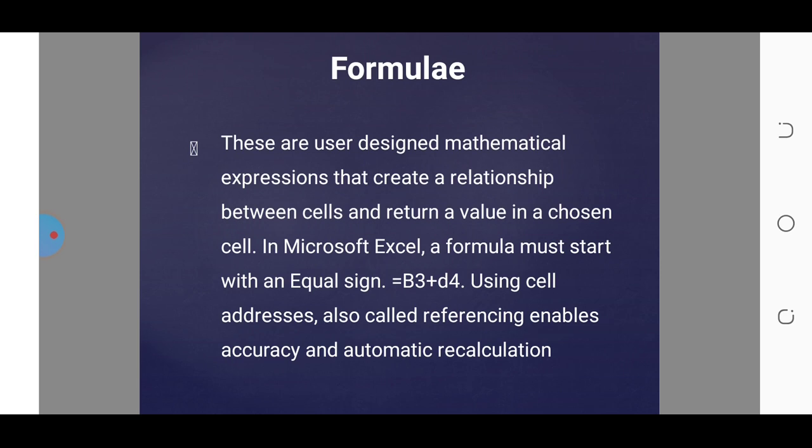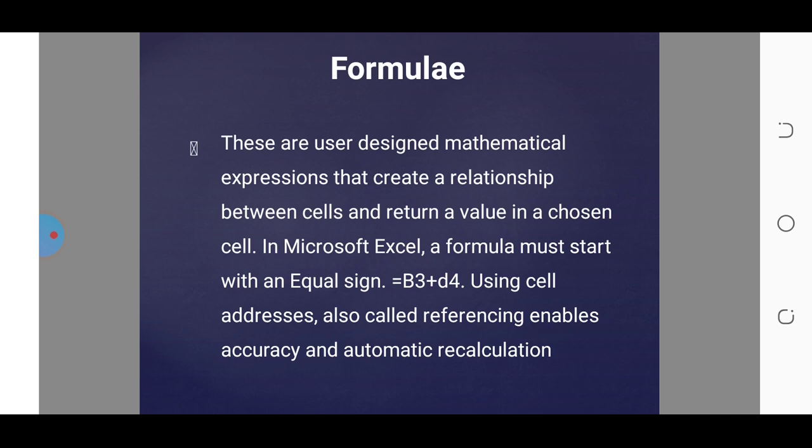A formula in MS Excel will always begin with an equal sign. They have given us here an example, equal sign B3 plus D4. B3 and D4 are called cell addresses.